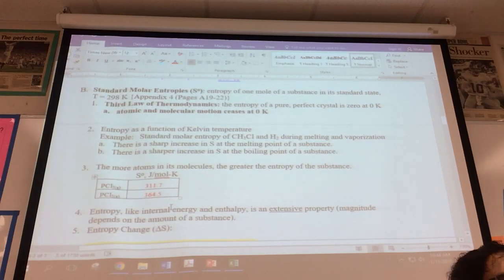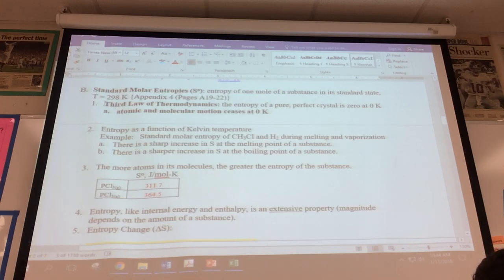The other thing I want to take a look at is just an example of the standard molar entropies. Again, this is grossly similar to what we saw with enthalpy. It requires some practice. We'll take one here together, but you need more on your own. Standard molar entropy, the entropy of 1 mole of a substance in its standard state.